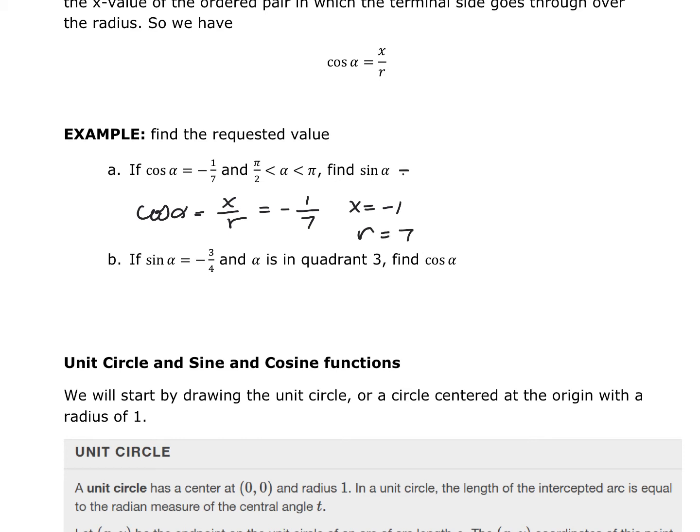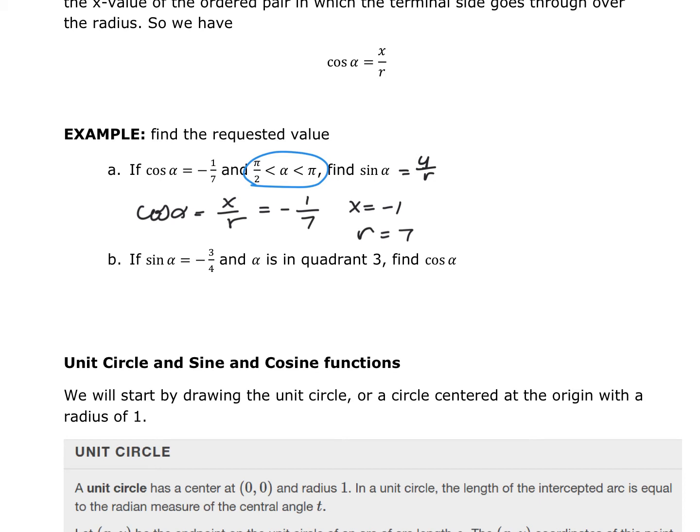Now we know that sine is defined as the y value over the r value, and we have to pay attention to which quadrant we're in, to make sure that when we find the y value, we choose either the positive or negative based on the quadrant the angle's terminal side is in.